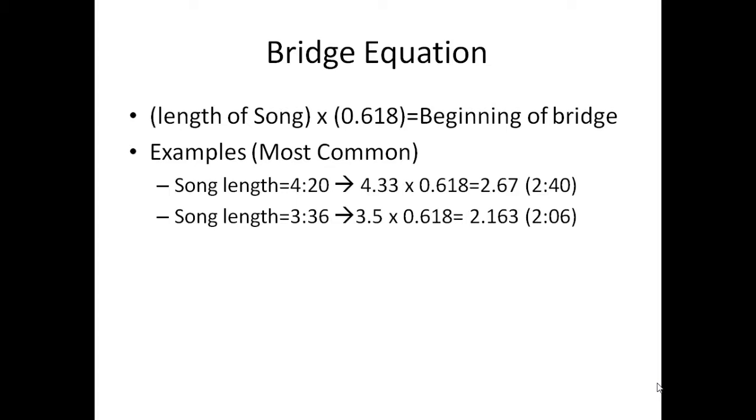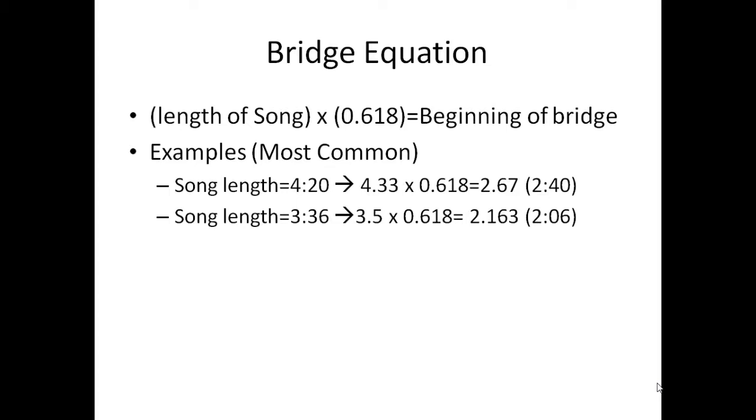For a song that's 3 minutes and 36 seconds, we're going to convert it into a value again. So 3 minutes and 36 seconds would be 3 1/2 minutes, so 3.5 about. And we're going to multiply 3.5 by phi 0.618. That gives us 2.163.